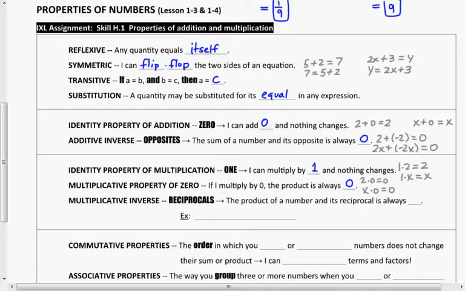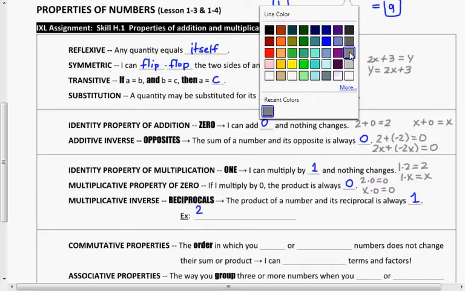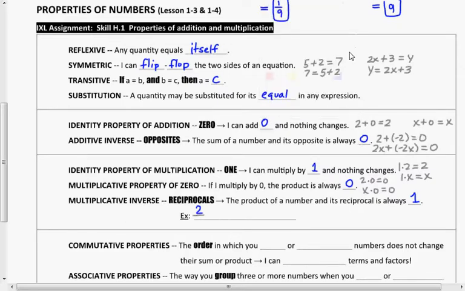All right, the multiplicative inverse property is kind of the reciprocal property. It says the product of a number and its reciprocal is always 1. So do you remember what a reciprocal is? Let me give you an example here. The reciprocal of the number 2, if we think of 2 as a fraction by writing it 2 over 1, then the reciprocal is 1 over 2.